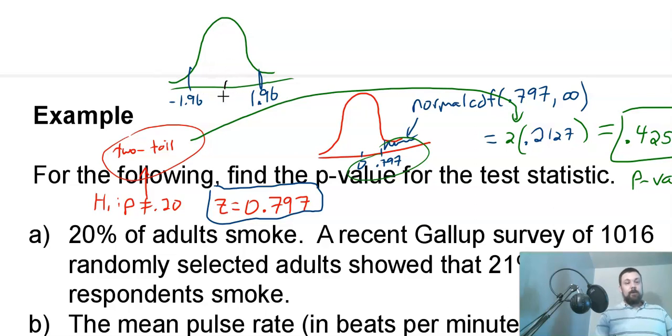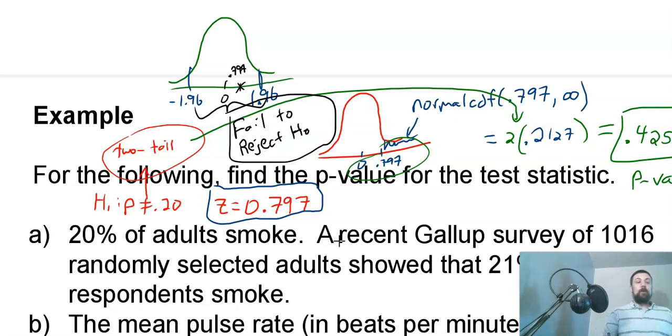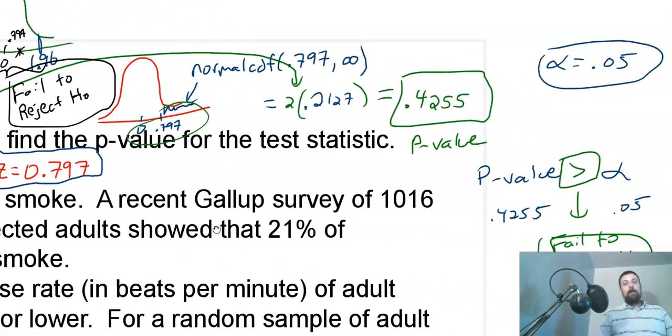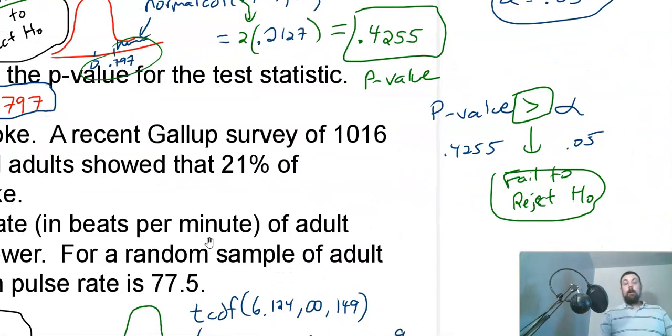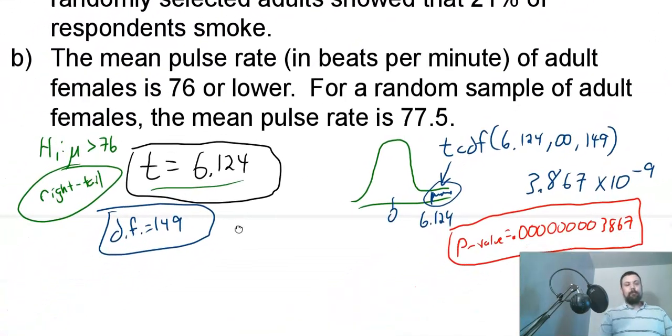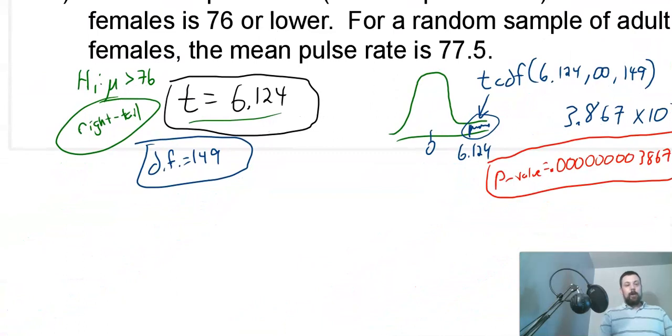So again, 0 is right here. 0.797 is going to be a little bit past 0, like right here. It's in between my critical values, so again, we would conclude to fail to reject. You should get the same conclusion either way you go. Whether you're comparing critical value to test statistic or p-value to alpha, your initial conclusion should be the same either way. All right, but that's how you would use the critical value, and this is how you would do the p-value comparison. All right, let's do the same thing for part B. Critical value, let's do critical value first this time.